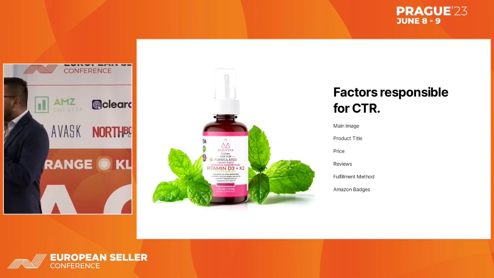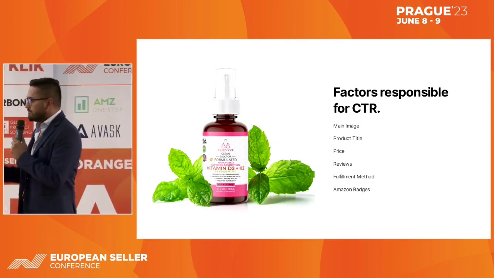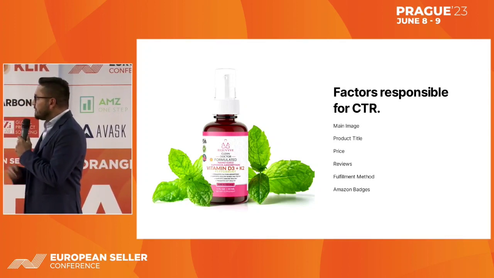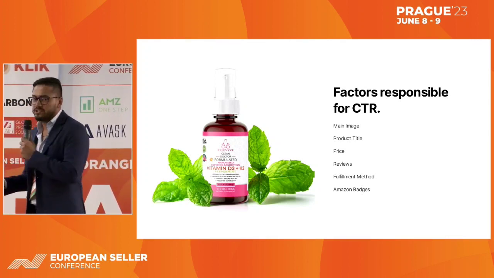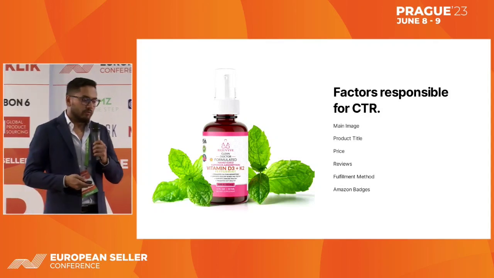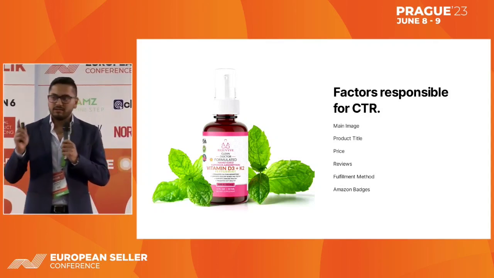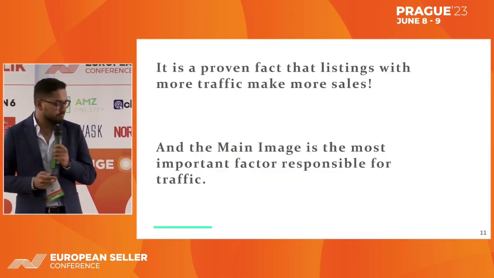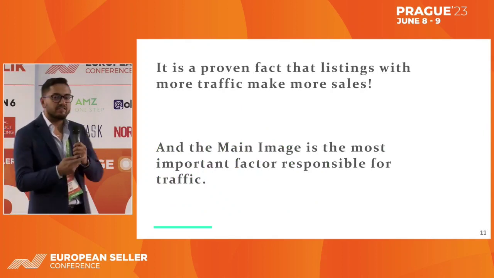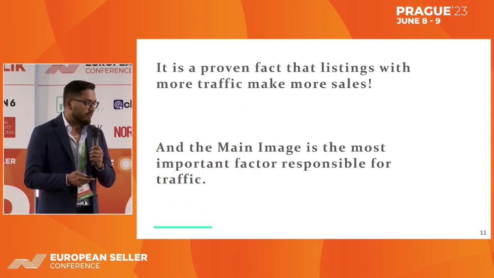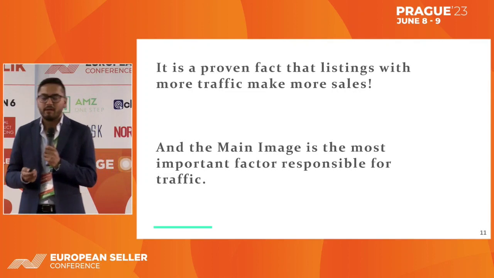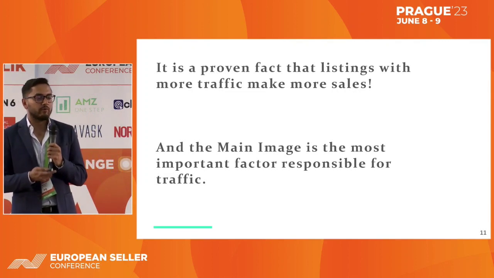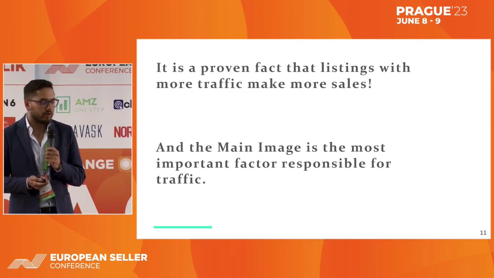You can't really control the price because it's market dominated, reviews are given by the customers, and Amazon badges are given by Amazon. So the only thing you can do is the title and the main image. It is a proven fact that listings with more traffic make more sales, and the main image is the most important factor if you want more traffic on your listing.